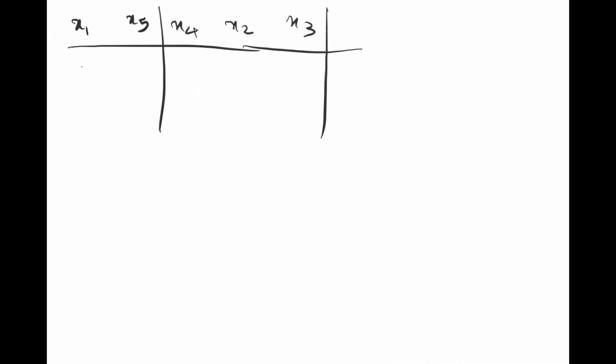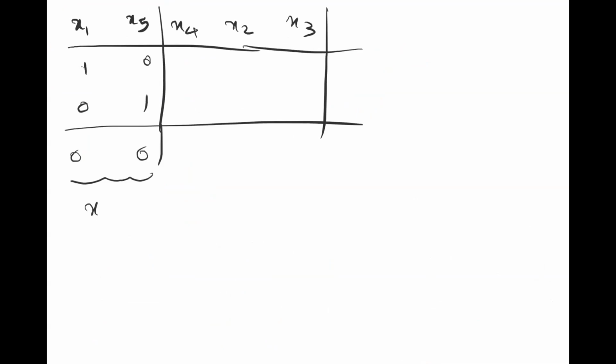So let's see how our new tableau looks. x4, x2, x3, 1, 0, 0, 0, 1, 0. If you notice here, the x basis is still the same format as before. What does that mean? That means there is an identity matrix and the coefficients here are 0. And then we have the rest of the tableau.